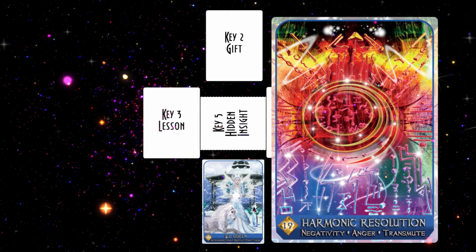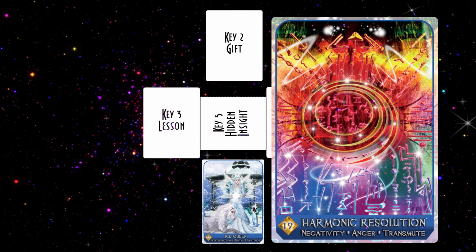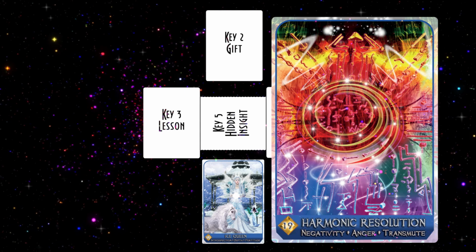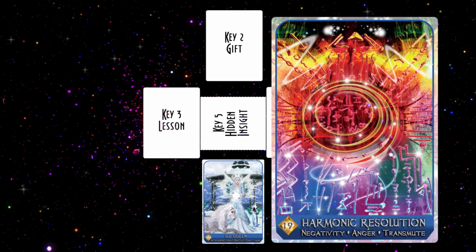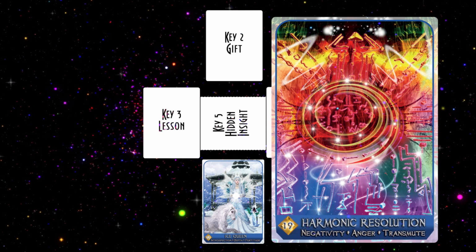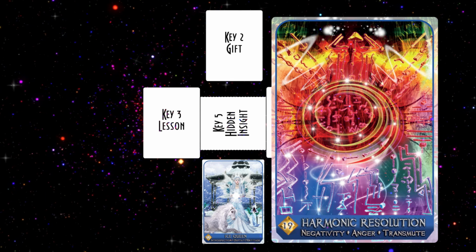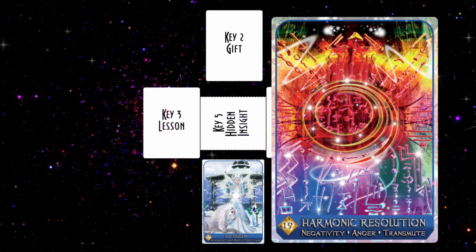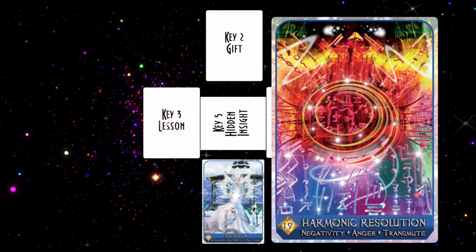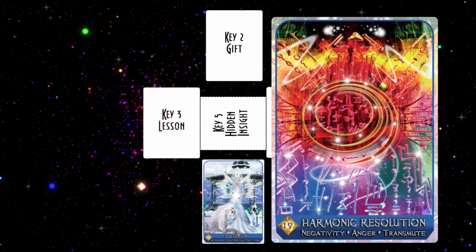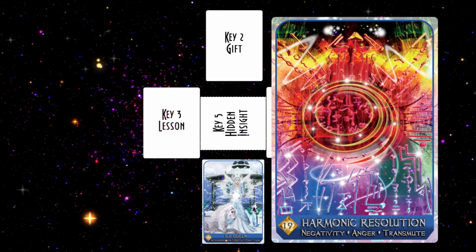So when you get this card and you go, oh my gosh, this is all about negativity, but it is about transmutation. So the gift in this for us collectively is that we do have the ability to transmute all of the negative stuff that's going on in the world, in our own personal world. We have the ability to transmute these things. So we don't have to let them affect us, like the crazy stuff going on in the world. But we do have the gift of transmutation.